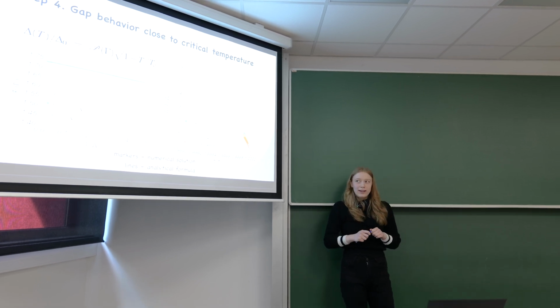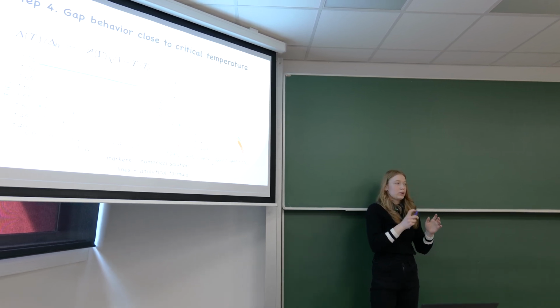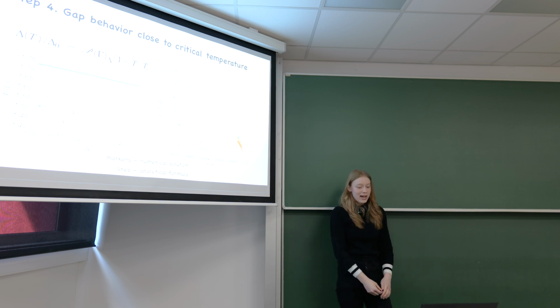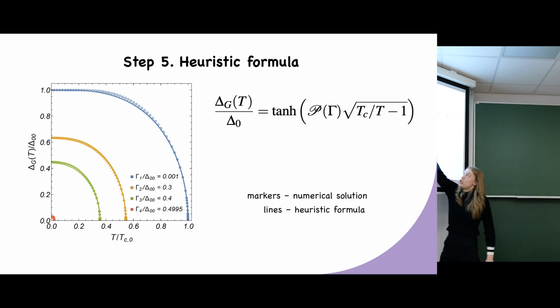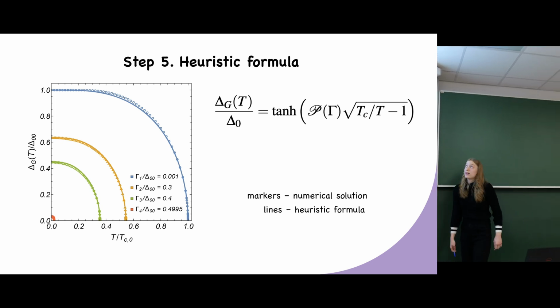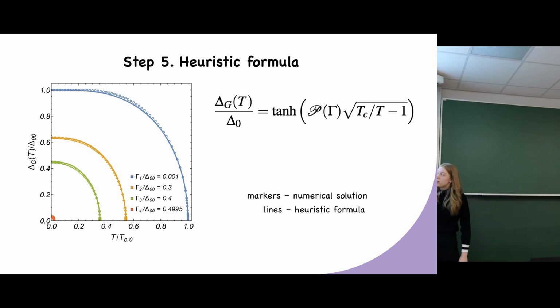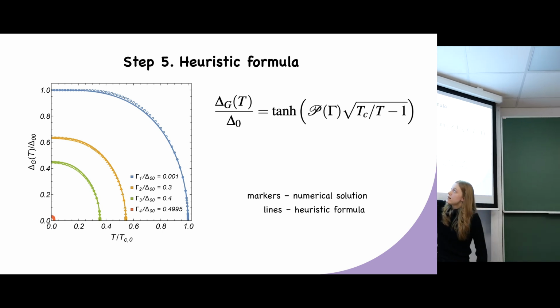So we wanted to find out if something like that is possible for the Dynes case. We tried to include the dependence on pair breaking scattering in this hyperbolic tangent function, and we've achieved such a result, where delta G is for guessed, because we've guessed such a heuristic formula. If we calculate this formula, and markers are again for the numerical solution, we see a perfect fit.